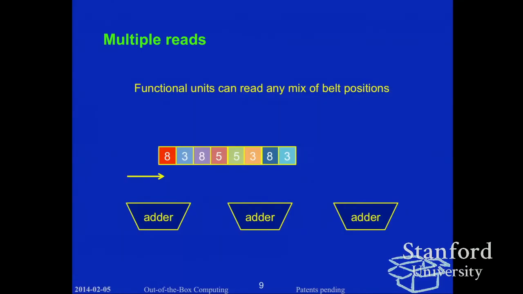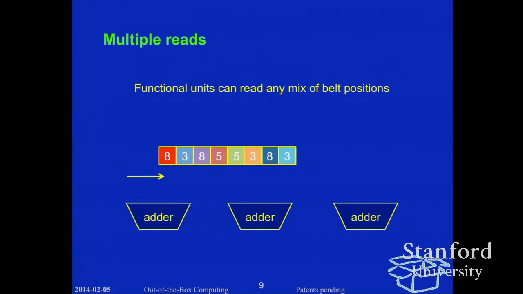The Mill is a wide issue machine in the sense that a single instruction can contain many operations, like a VLIW does. Fair warning, a terminological trap here. Most people are used to thinking that an add is an instruction. Once you're in the wide issue world, an add is not an instruction. An add is an operation, and there may be a ton of other operations in the same instruction.